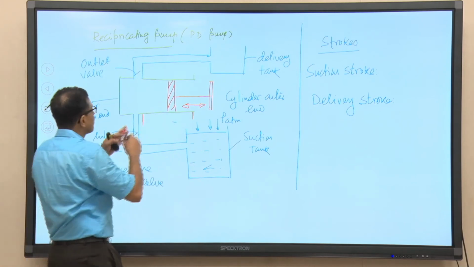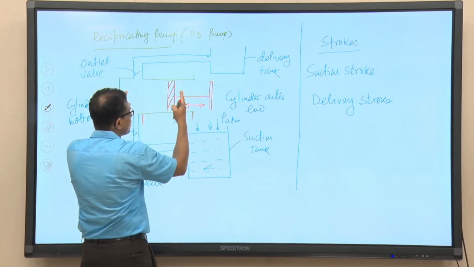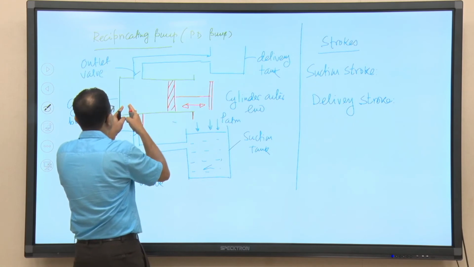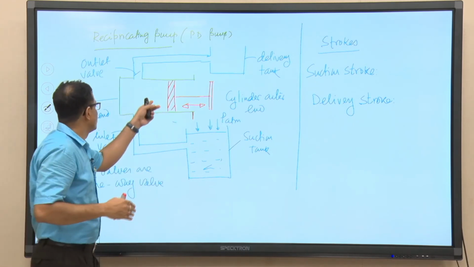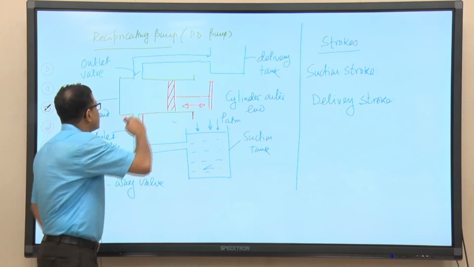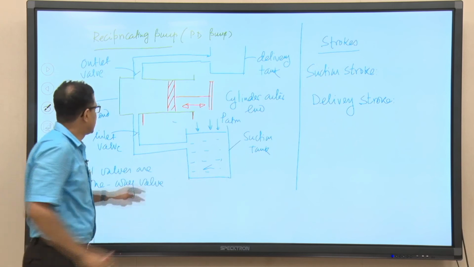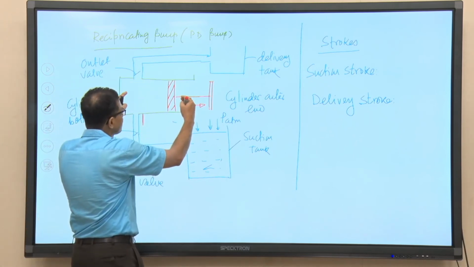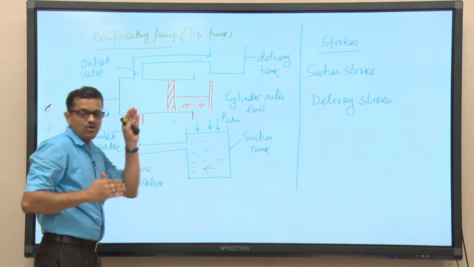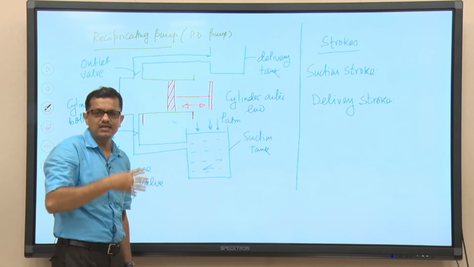Now the movement of the piston from the cylinder outer end to the cylinder bottom end will pressurize the liquid inside the cylinder, and that will try to lift the outlet valve and it will go to the delivery tank. Again it is a one way valve. So, the movement of the piston towards the cylinder bottom end creates a pressure on the liquid volume inside the cylinder.